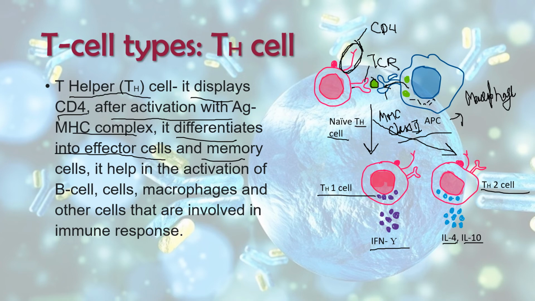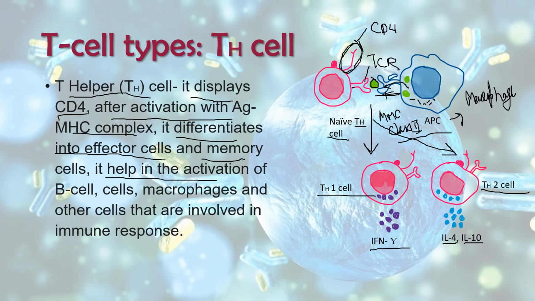As I just told you, after activation, when it combines with this complex of MHC and antigen, it can differentiate into effector cells and memory cells. And these effector cells can be T helper cell type 1 or T helper cell type 2.